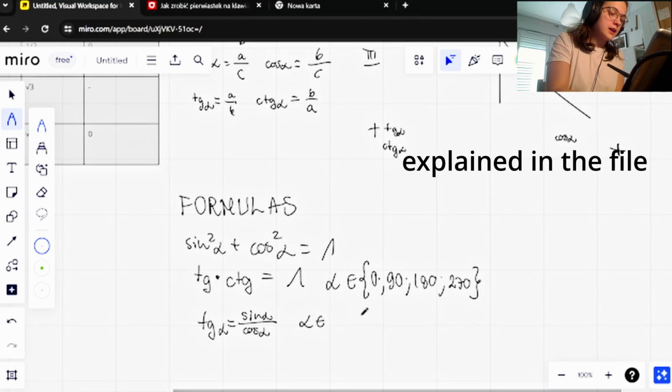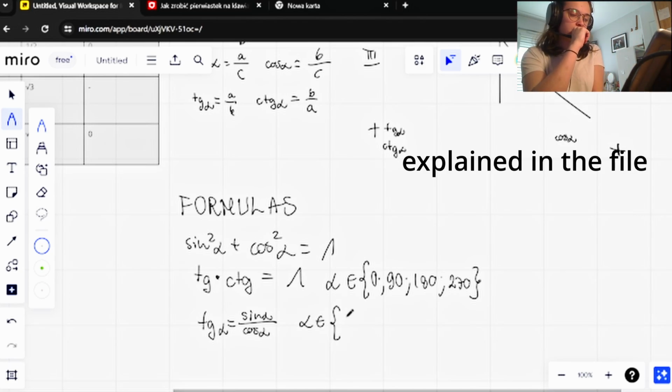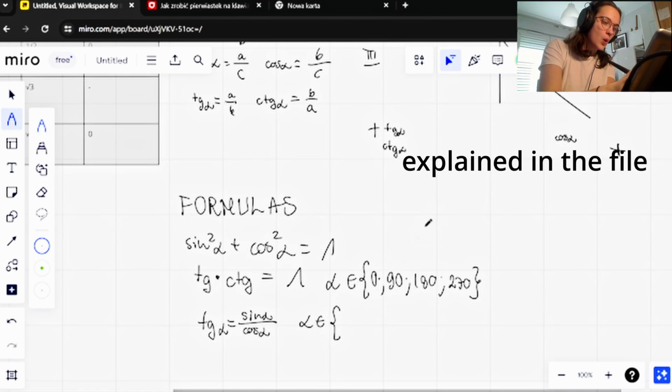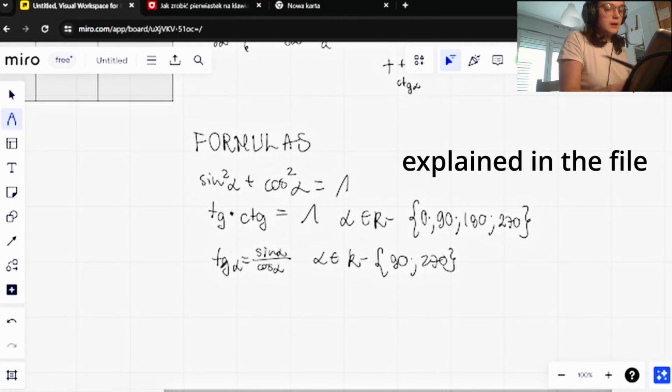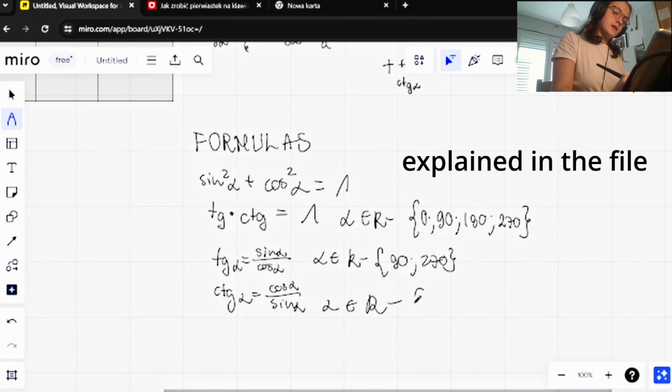Here it excludes, if I'm correct, 90 and 270. Bingo. I wrote it wrong. Sorry. And cotangens, vice versa, is cosinus divided by sinus. And here we have minus 0 and 180.